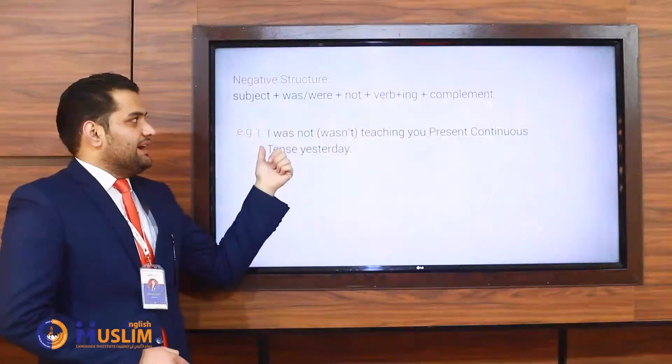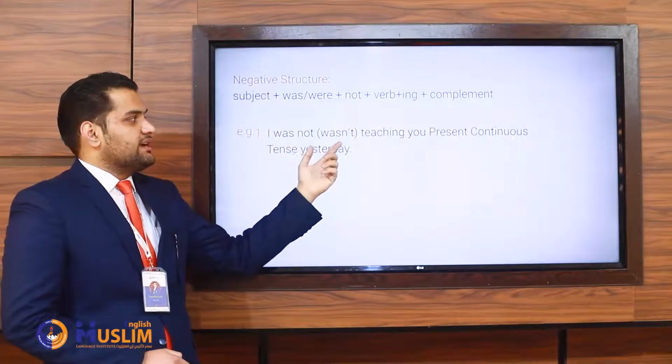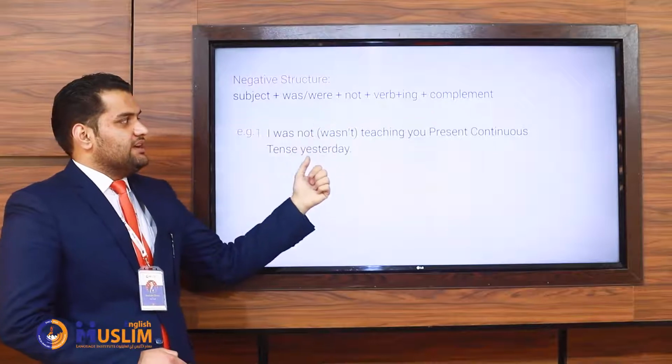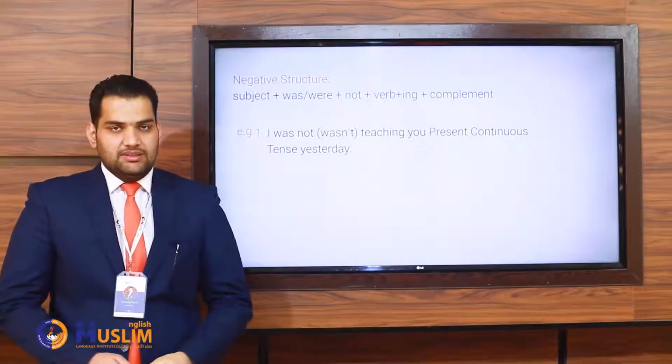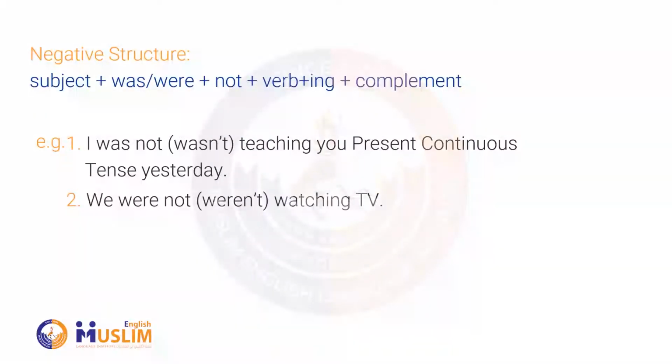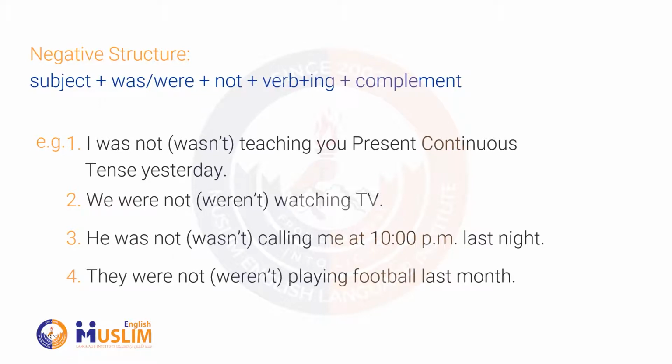So here, I is the subject, was not is the helping verb part, teaching verb ing, and present continuous tense yesterday is the complement. Another example, we were not or weren't watching TV. He was not or wasn't calling me at 10 p.m. last night. They were not or weren't playing football last month.